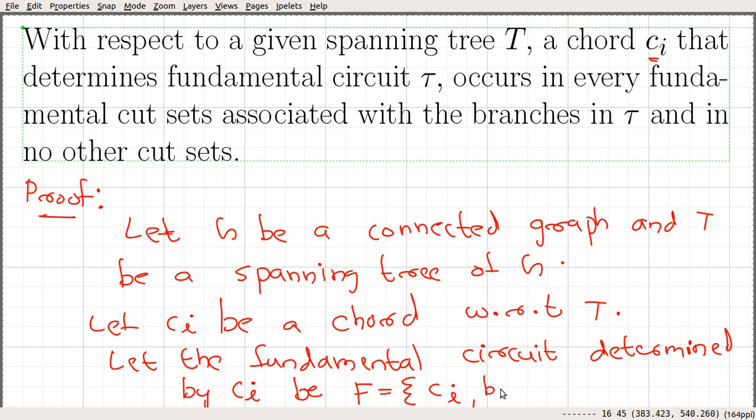Let the branch edges be B1, B2 up to Bk, where these Bi's are branch edges.